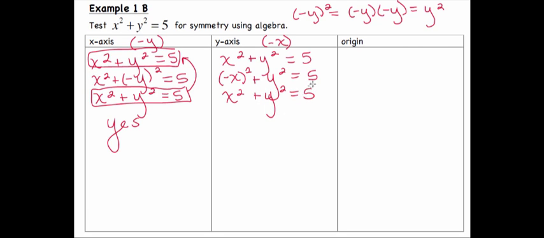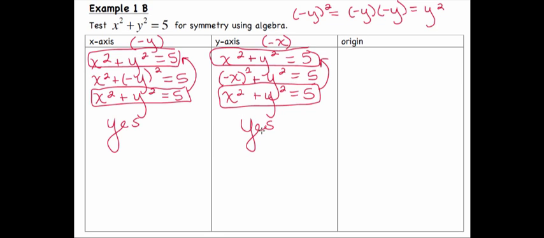And when I compare my new equation with the original, I see that they look exactly the same. So my equation also has y-axis symmetry too. And let's go ahead and test for the origin. You're replacing both your x and your y with a negative x and a negative y.